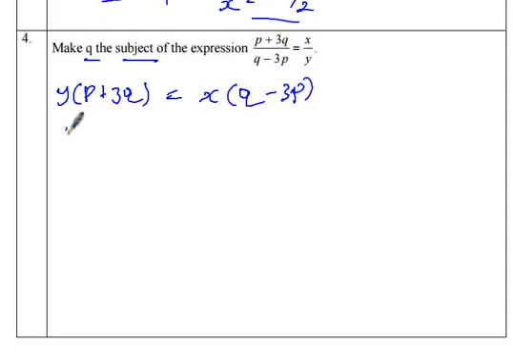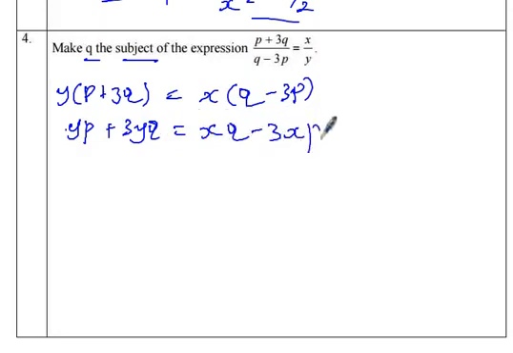After that we can open brackets: yp plus 3yq is equal to xq minus 3xp. I multiply this by this, and then I also multiply it by that. Okay, opening brackets. Fine.